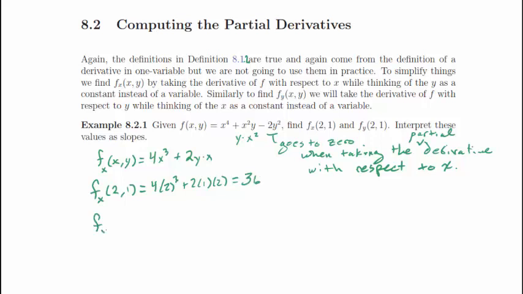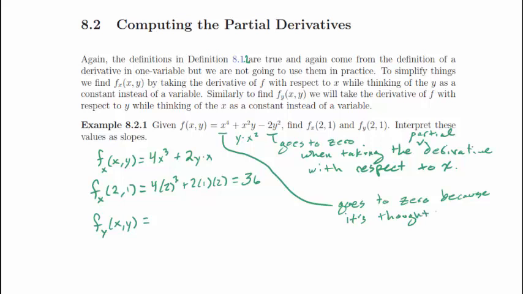All right. Now if I'm looking for f sub y, I now think of x as a constant, so x to the fourth goes to 0 because it's thought of as a constant, when taking the partial derivative with respect to y.